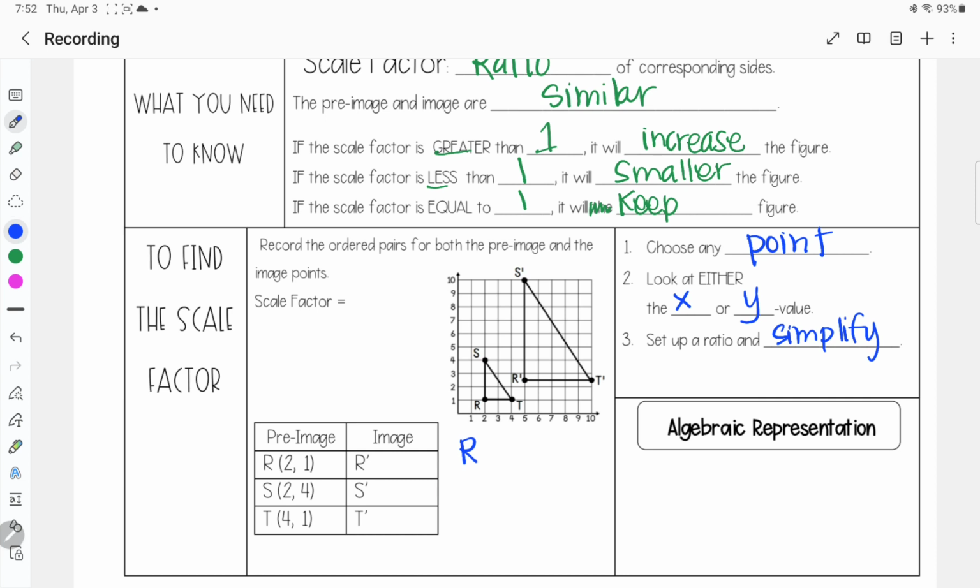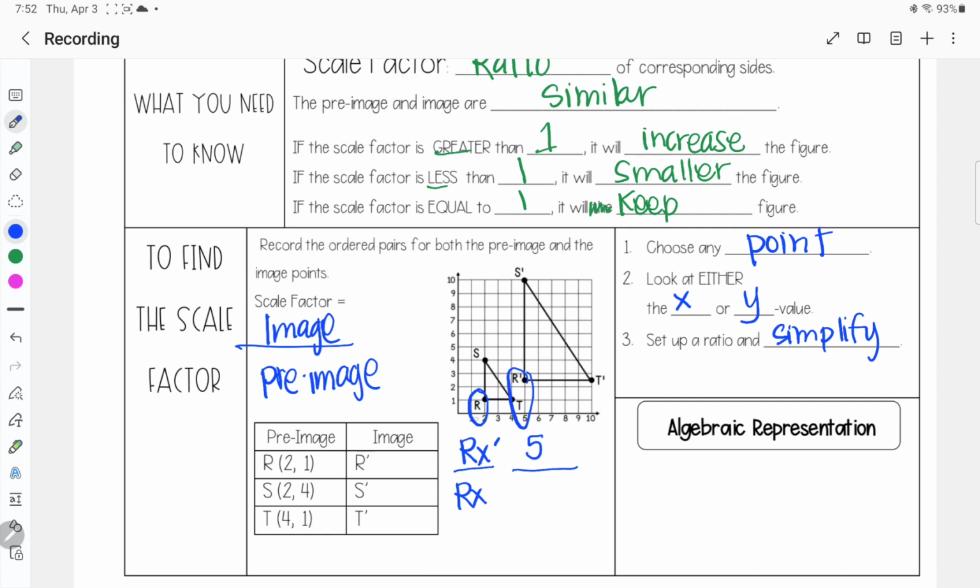So I found point R, and then I'm going to choose the x value. Your scale factor is the image point over the pre-image. So I'm going to take my point R, and I want x prime, and I'm going to put it over R, just the x value, and then I'm going to simplify. So I find R and R prime. R prime x value was 5.